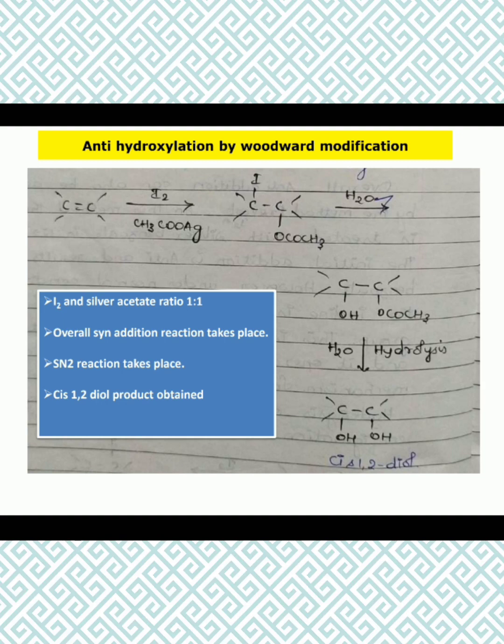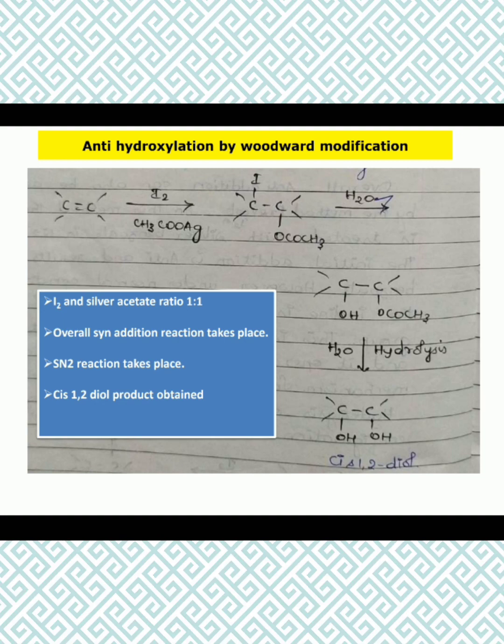This reaction is called the Woodward modification reaction. In this Woodward modification reaction, the SN2 mechanism operates. That means in the first step, the iodine and silver acetate are added across the carbon-carbon double bond and anti-addition takes place.